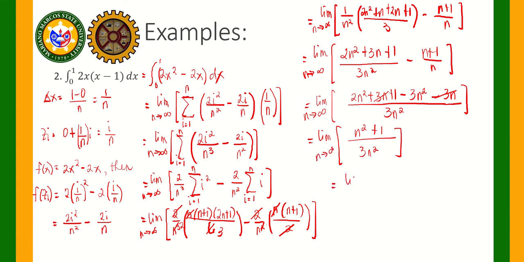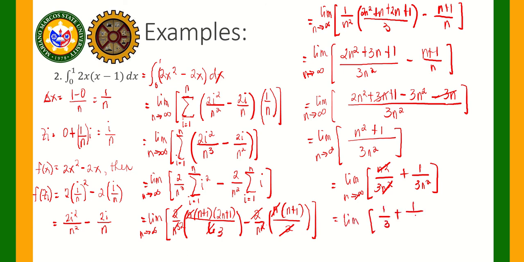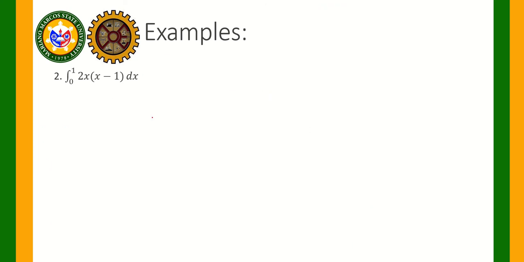So, this is equal to the limit of negative n squared all over 3n squared plus 1 over 3n squared as n approaches infinity. So, this will cancel. So, we will be left with the limit of negative 1 over 3 plus 1 over 3n squared as n approaches infinity. So, let's continue sa next slide.